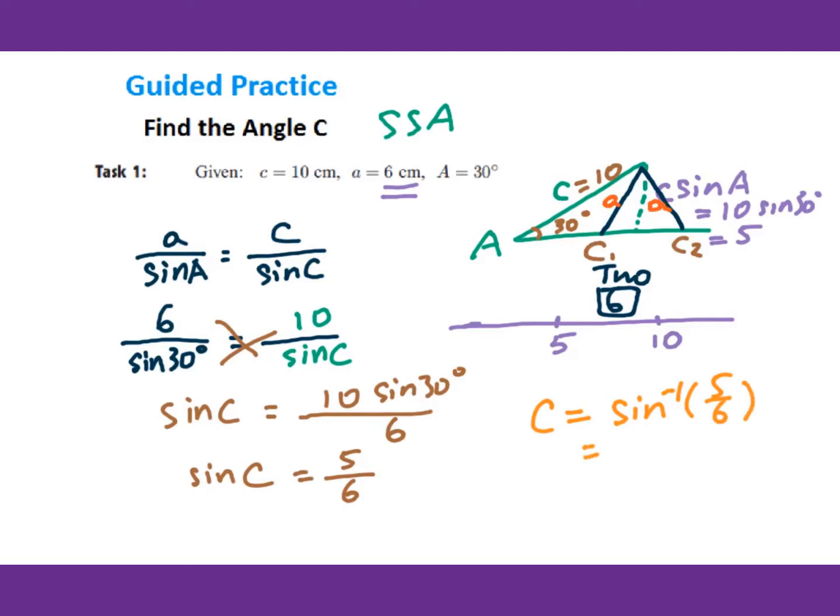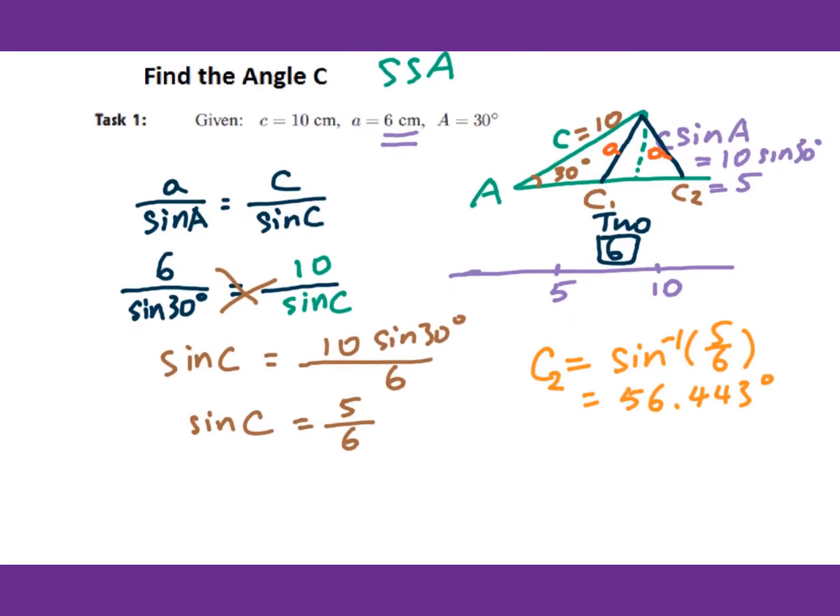We put it into the calculator, you will get 56.443 degrees. According to this diagram, we know c2 is an acute angle. Therefore, that's c2. We got 56.443 degrees.